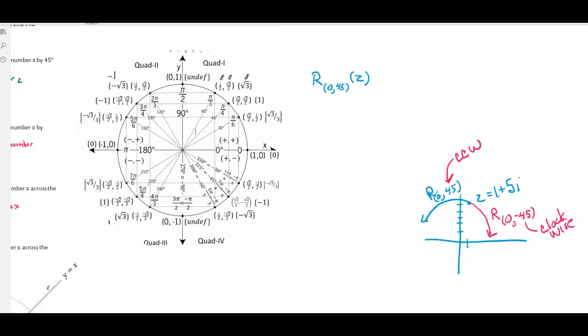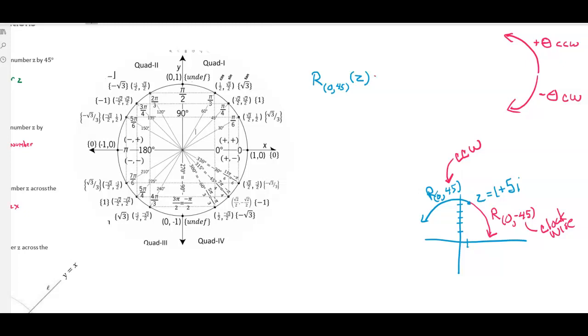So you always got to remember this. Positive angle is counterclockwise. A negative angle is clockwise. Okay, that's how they move. All right, so this means rotate some point 45 degrees.